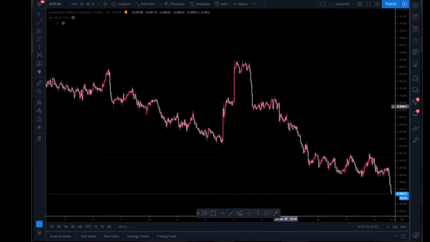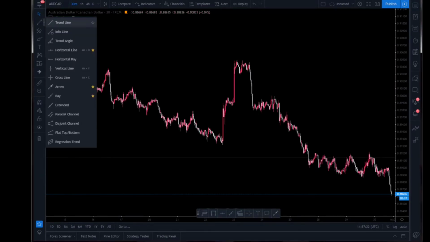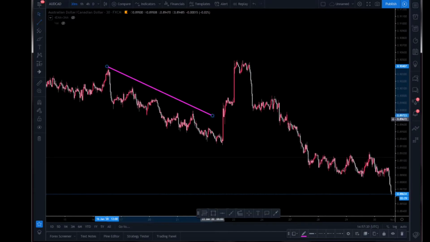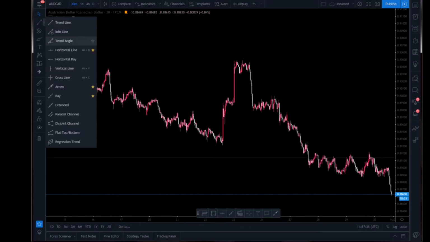So first, let me show you where to find the tool we'll be using, okay? It's the third icon from the top, not the one that says Trendline, because if you use that one, it just gives you something that looks like this. And that's not really what we want. So we're going to use the one that says Ray, and go ahead and put a little star next to it.